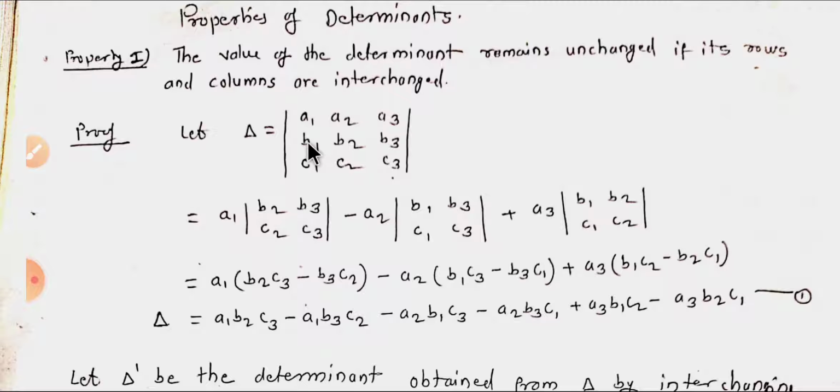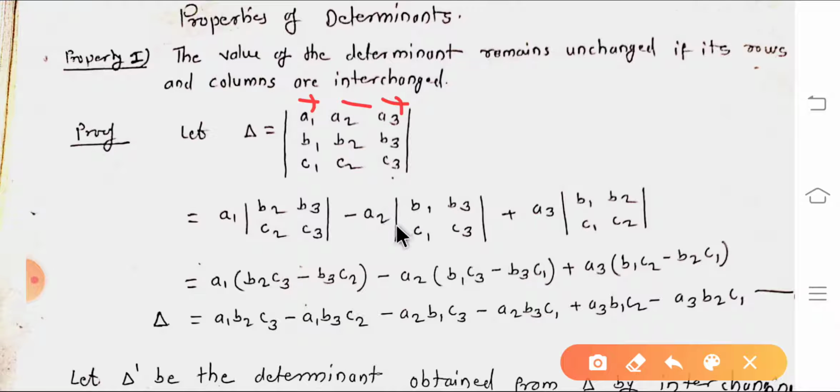Expanding by a row, for a1 we have to neglect that row and that column. So the remaining is b2 b3 c2 c3. Similarly, remember the first term is positive, the second is negative and the third is positive; with proper sign we write.